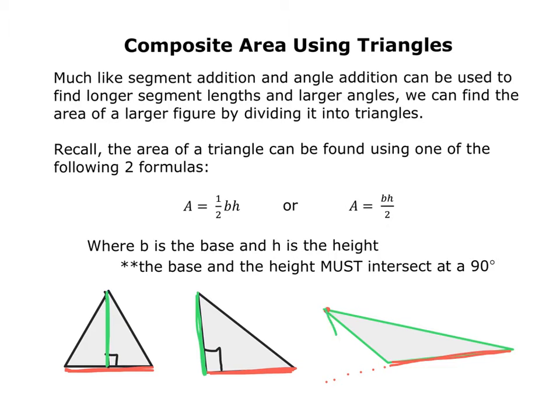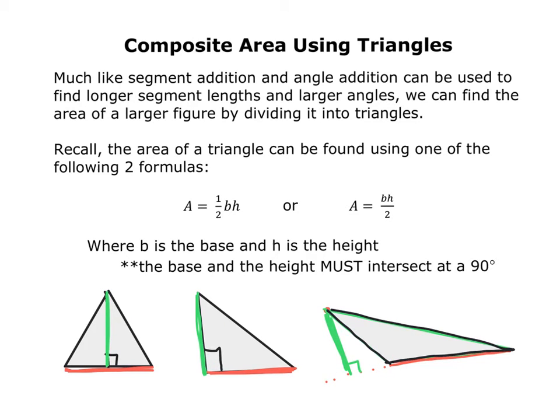Then our height would be perpendicular to this, and so our height would be here. Sometimes it's inside the triangle, sometimes it's on the triangle, and sometimes it's outside of our triangle.